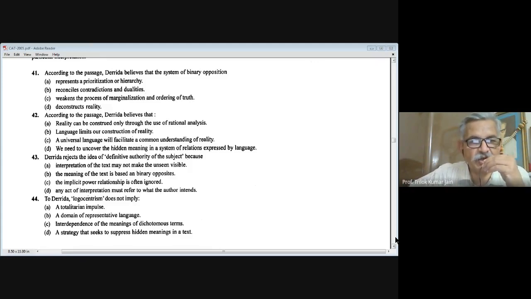43. Derrida rejects the idea of a definitive authority of a subject because: A, interpretation of the text may not make the unseen visible; B, the meaning of the text is based on binary opposites; C, the implicit power relationship is often ignored; D, any act of interpretation must refer to what the author intends.